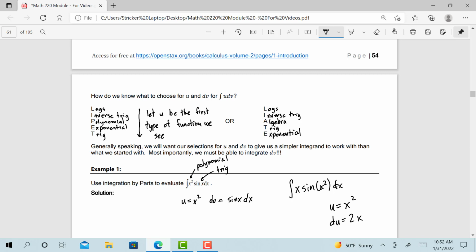Notice that the order is essentially the same for these two mnemonics, except that the exponential and trig are switched. That's because a lot of times those two don't really matter. But the first three definitely do matter for how you want to pick your u.